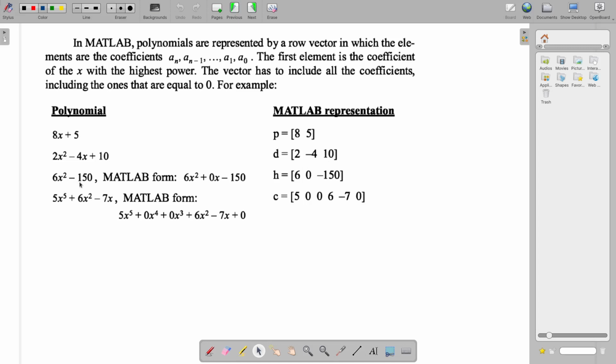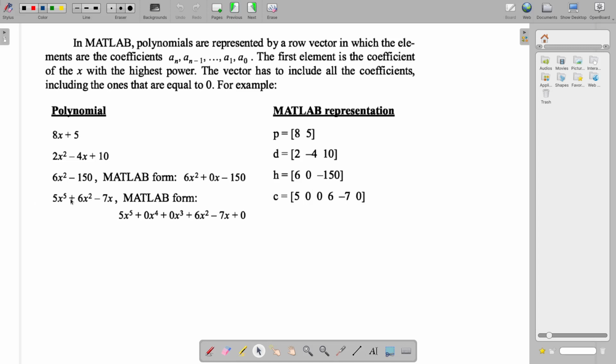6x squared minus 150: here the x term is missing, that means the x coefficient is 0, that's why it's missing. So these zeros have to be given when you are representing a polynomial in Matlab. Its coefficients are 6, 0, the coefficient of x also included, and negative 150.